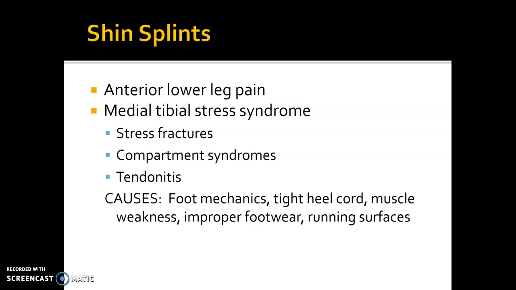So we can have stress fractures, compartment syndromes, or tendinitis. Causes for this are going to be poor foot mechanics, tight heel cord, maybe muscle weaknesses, of course improper footwear, just like our foot conditions, and if we are running on constant hard surfaces that don't have a lot of give to them.